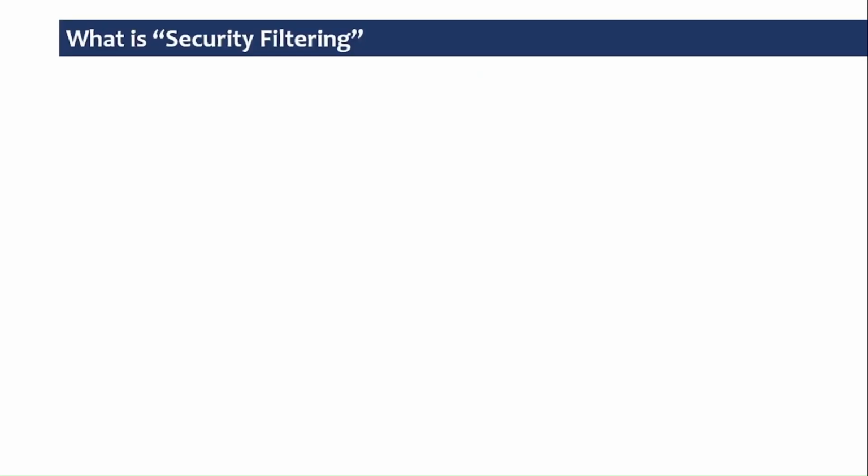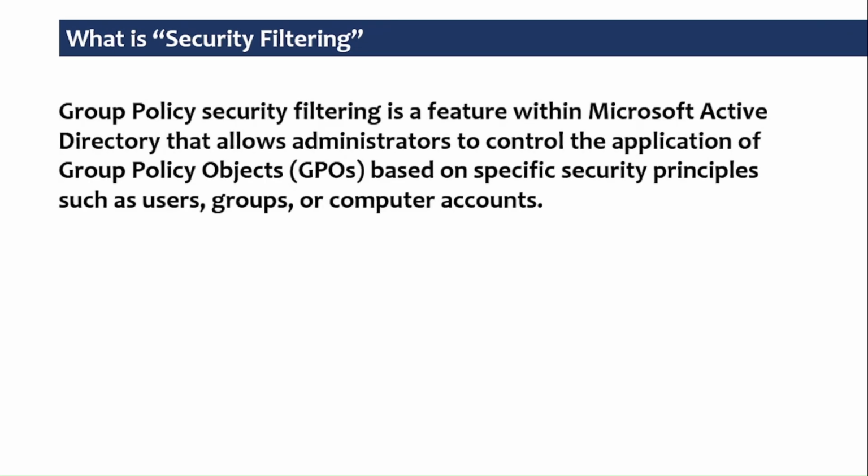So what is security filtering? Group policy security filtering is a feature within Microsoft Active Directory that allows administrators to control the application of group policy objects based on specific security principals such as users, groups, or computer accounts.